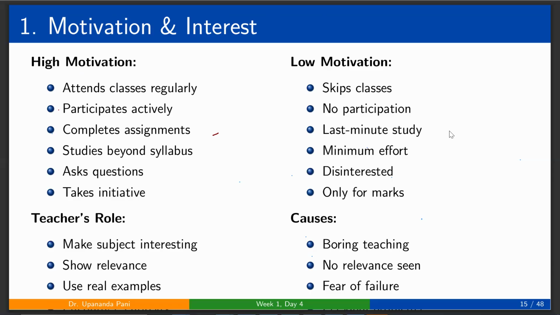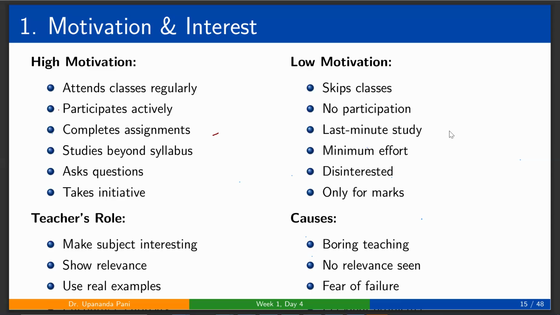The student will attend classes regularly, participate actively, complete assignments, study beyond the syllabus, ask questions, and take initiative. When I see that my students are highly motivated, definitely I will go one step beyond, because that will keep me motivated to keep going, right?